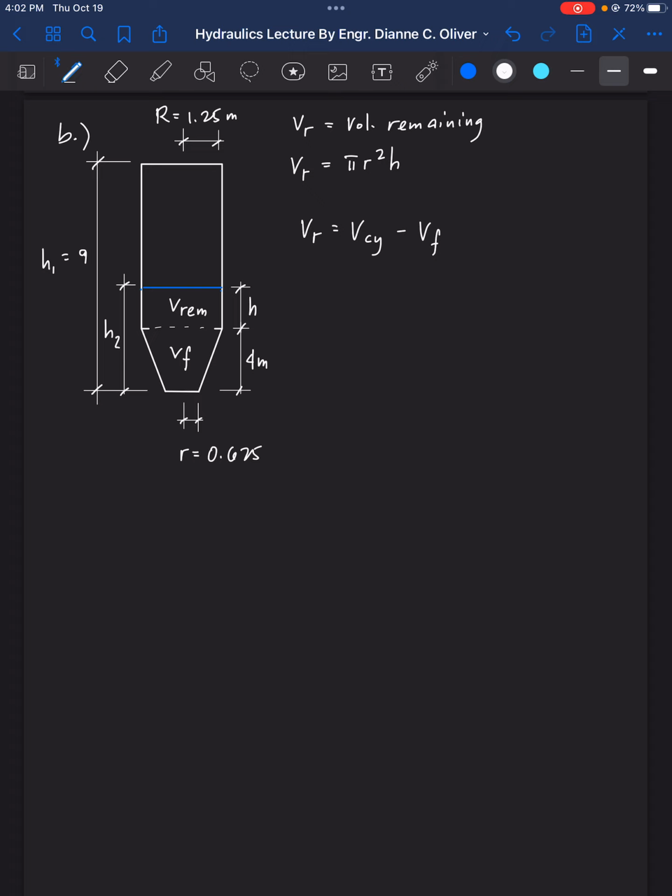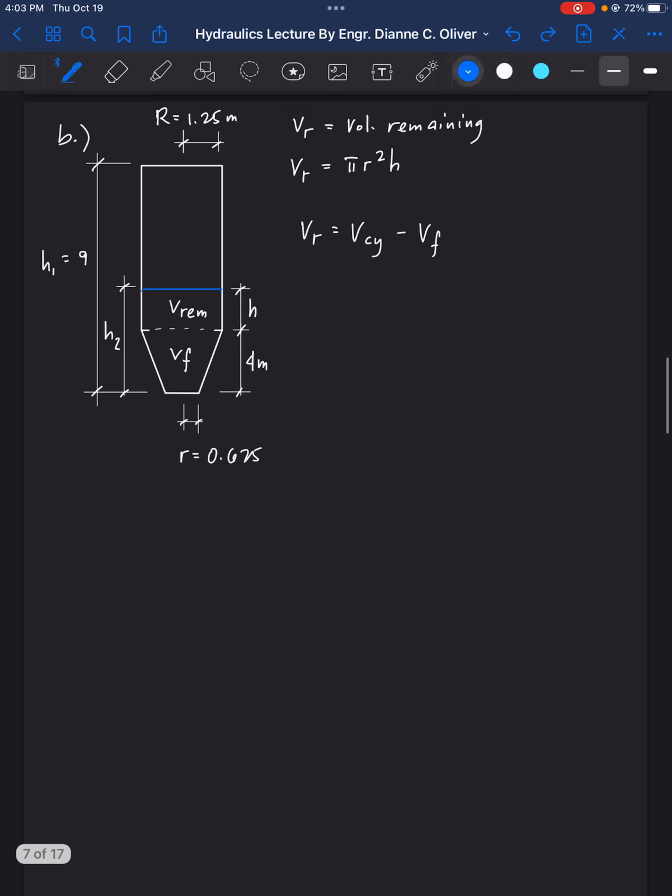Why is that? The reason why this is VCY, or volume cylinder minus the volume of the frustum, is that the volume of the water here is actually the volume of the cylinder.